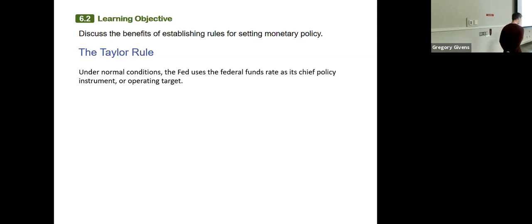A lot of research has been conducted in the past 20 or 30 years that shows indeed the Federal Reserve and many central banks around the world probably have a lot of rule-like behavior. They make decisions that can be well approximated with some type of monetary policy rule. And that a lot of times those rules lead to better economic outcomes than would a discretionary type policy, all right?